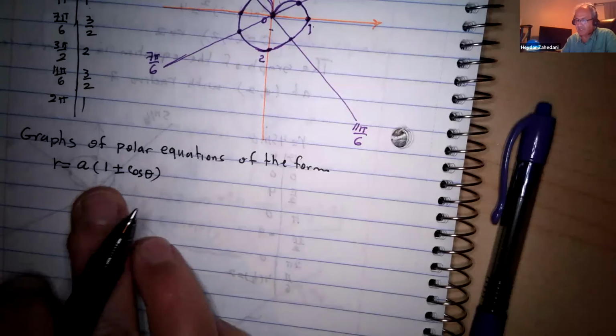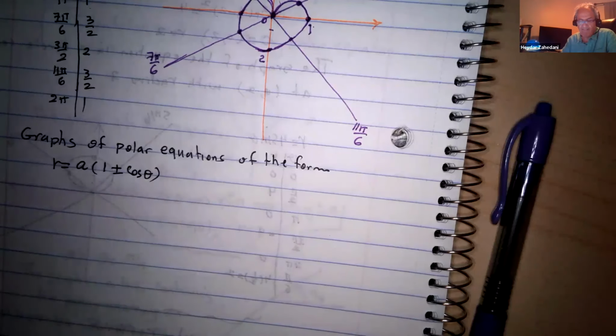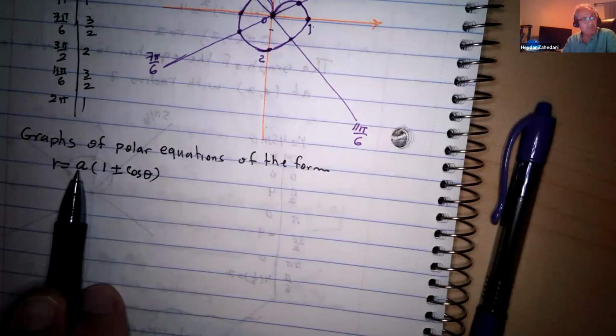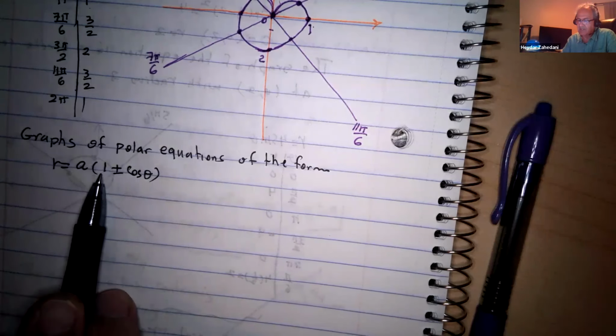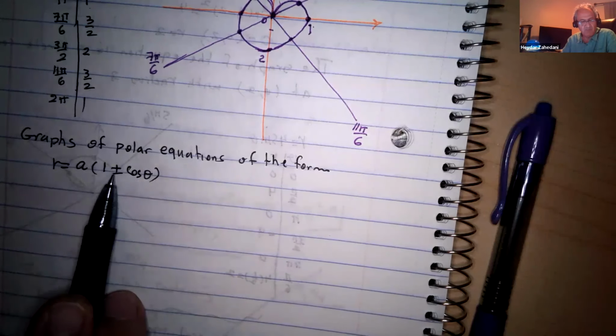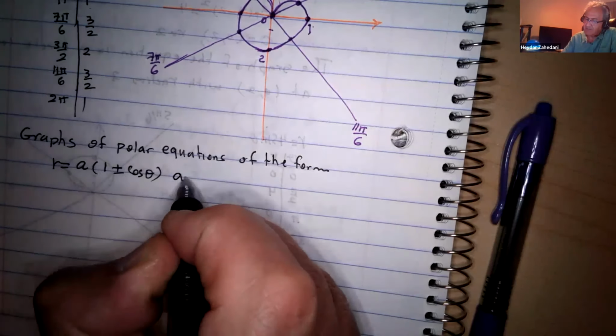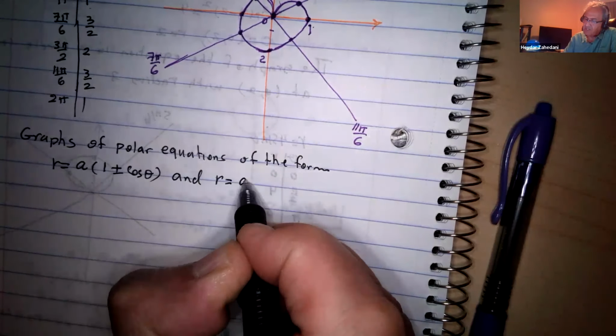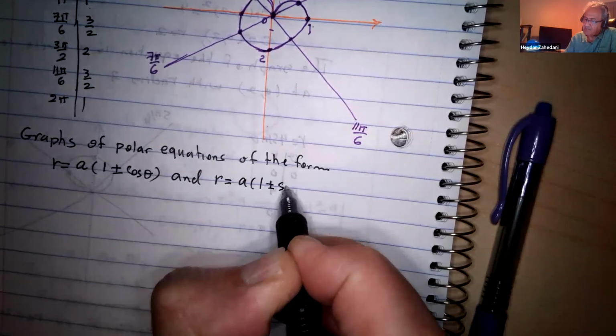You cannot have something like 2 plus 3 cosine. If there is an extra number, you should be able to factor it, and you must have 1 here. So 1 plus or minus cosine, and this one is equal to a times 1 plus or minus sine of theta.